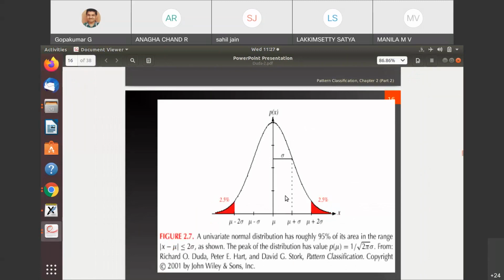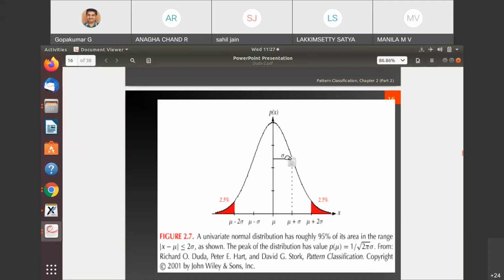If you look at this plot, the majority of the points, 95 percent of these points, fall in the range of mu minus 2 sigma to mu plus 2 sigma. So that is, the absolute value of x minus mu is less than or equal to 2 sigma.